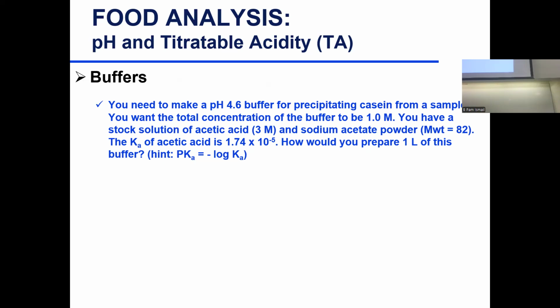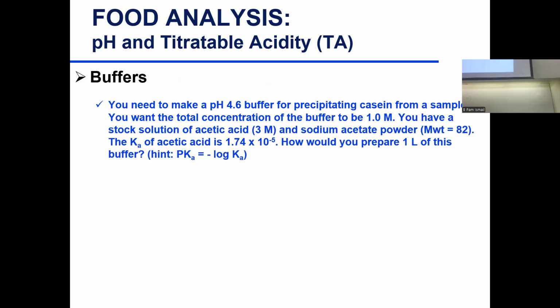So, 1 molar. I want the final concentration of my buffer to be 1 molar. So the concentration of A minus, the conjugate base, plus the concentration of the acid, you want it to be 1 molar.